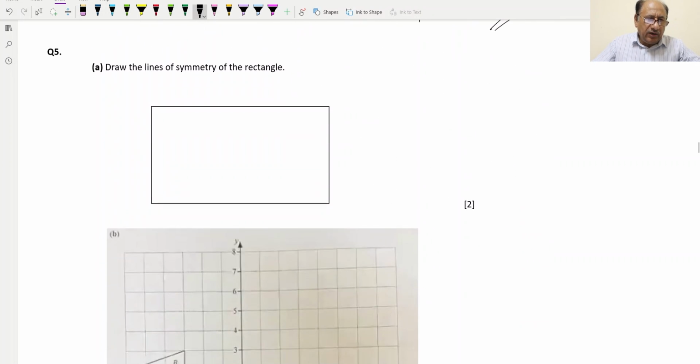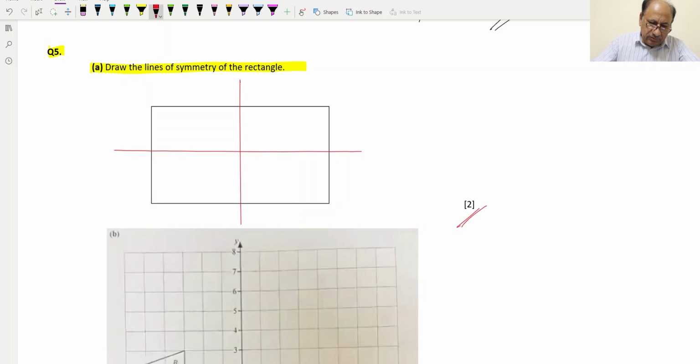Now question number 5, and the question number 5 says draw the line of symmetry of the rectangle. So lines of symmetry, one line of symmetry can be this one, and the second line of symmetry we can draw like this one. So there are two lines of symmetry, and this is 2 marks which is done.